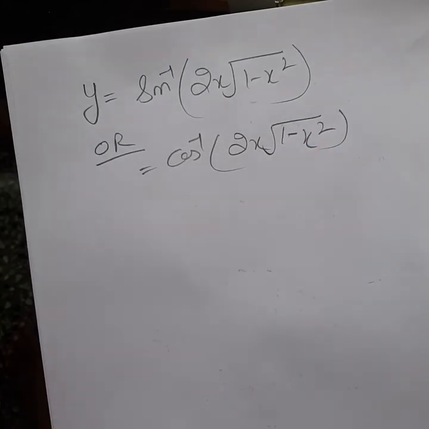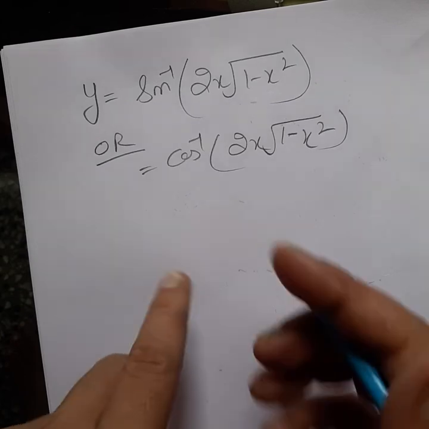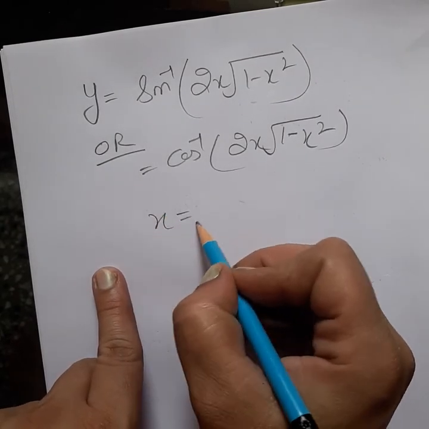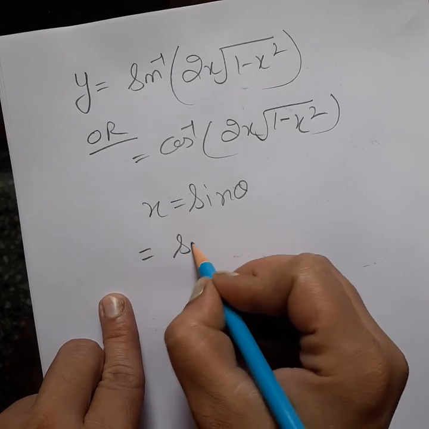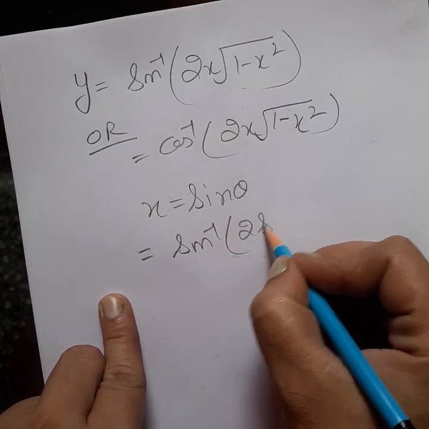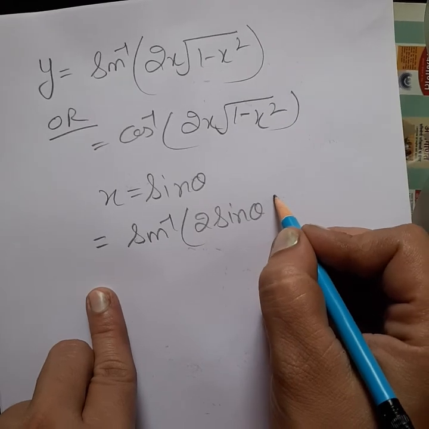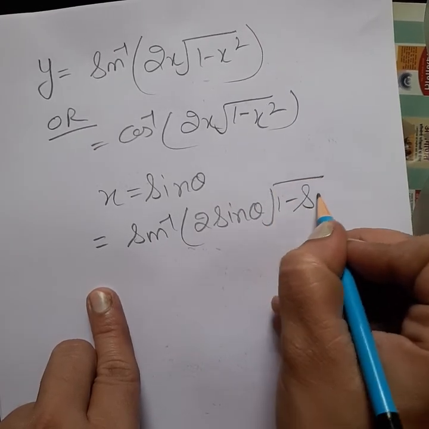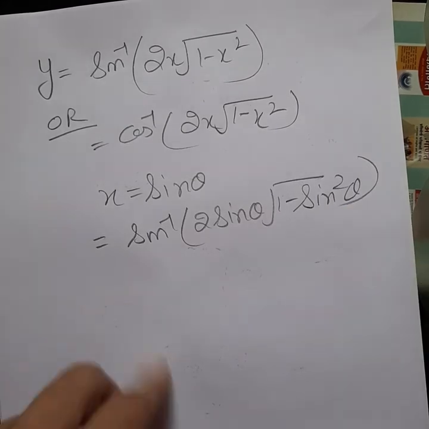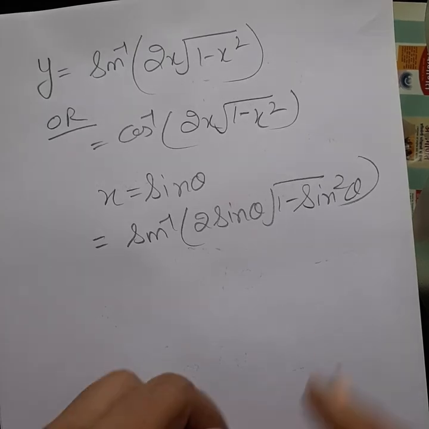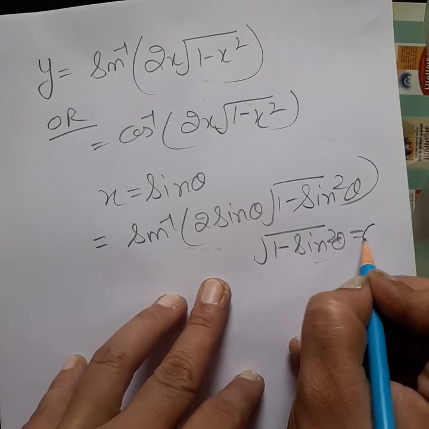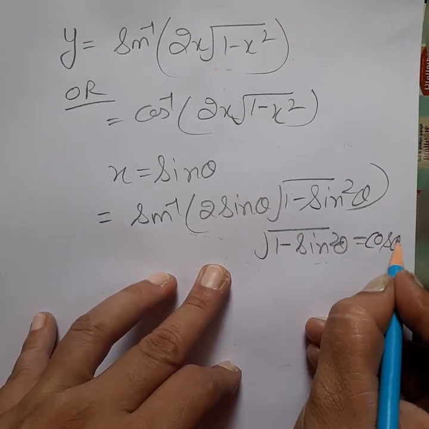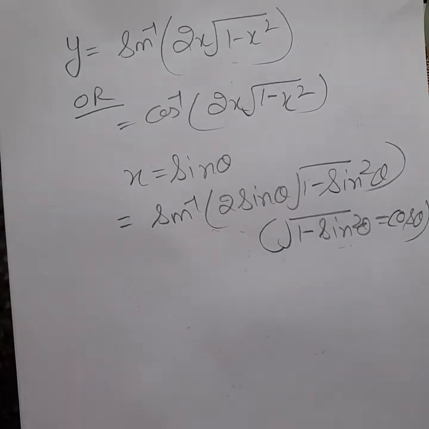So to think about the substitution, if we put x is equal to sine theta, then we have the value 2 sine theta and root of 1 minus sine square theta. And all of us know that the value of root of 1 minus sine square theta is equal to cos theta. We have read this in our 10th standard.